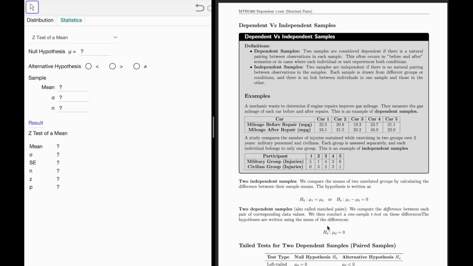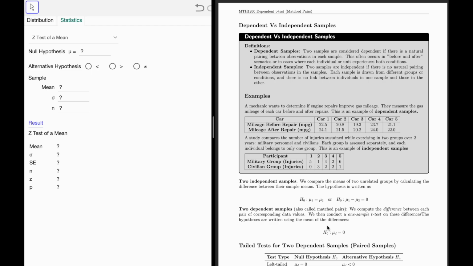In this lesson, we're going to learn a new hypothesis test called matched pairs. Now, up till this point, when we ran tests for two samples, even though I didn't directly tell you, we were looking at independent samples where there isn't a connection from one point to another point directly between the samples.